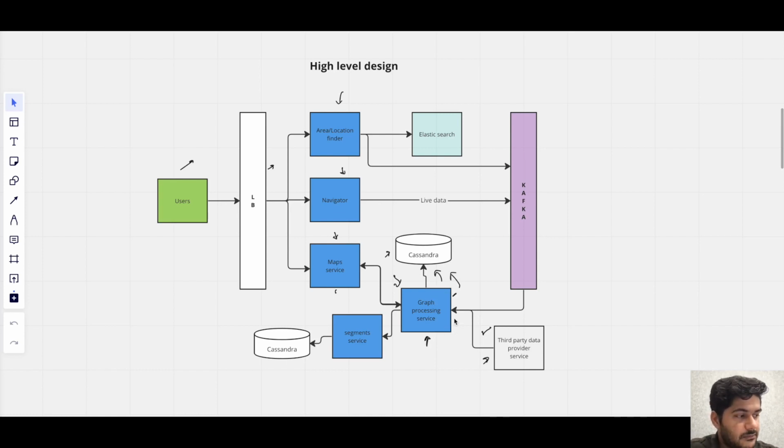Same way, from our Kafka, we are getting the live info, as you see that navigator service is feeding the live data to this, that basically how the user is going, how much time it really took to that user.